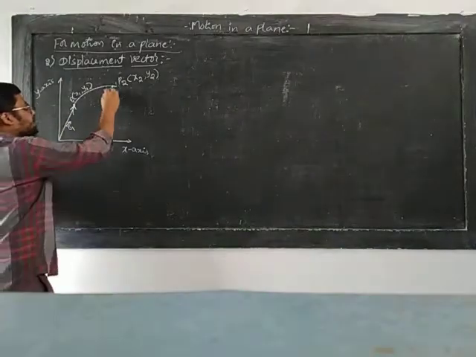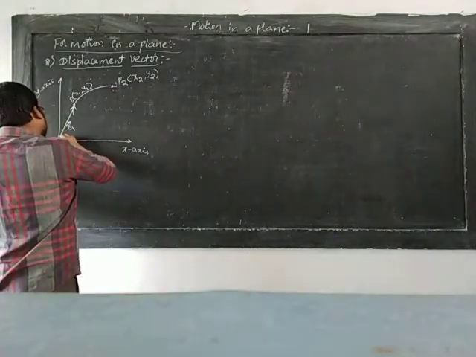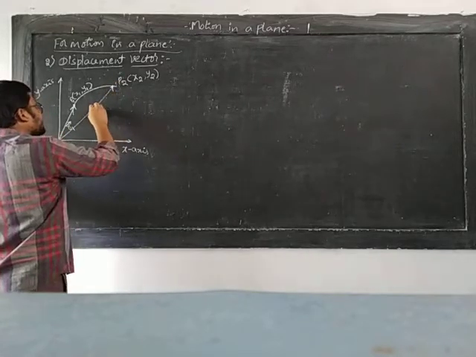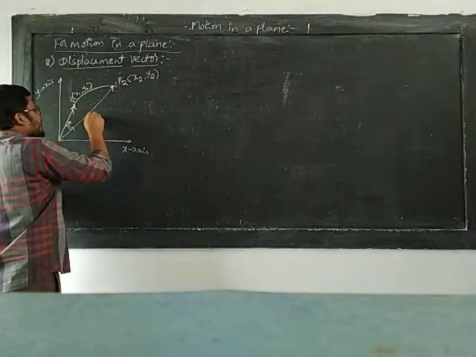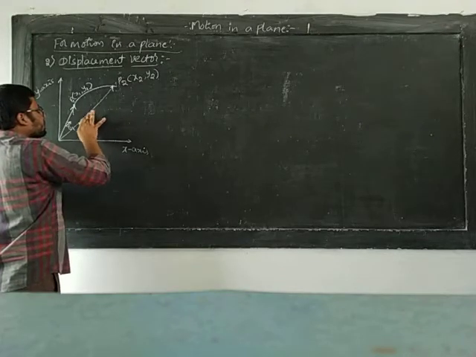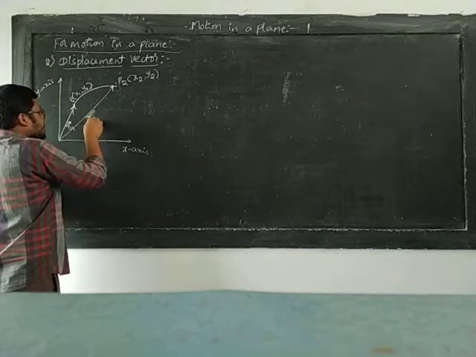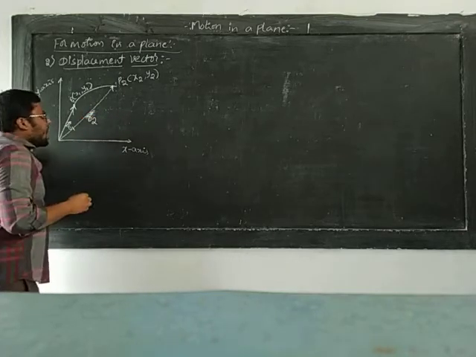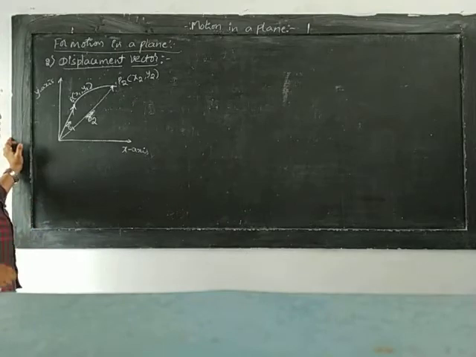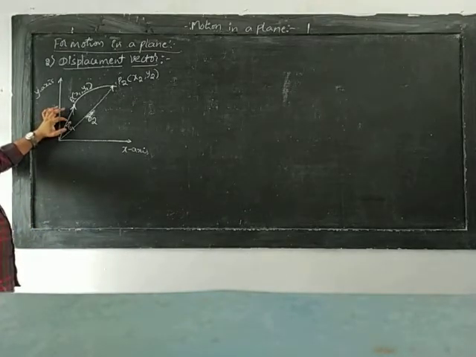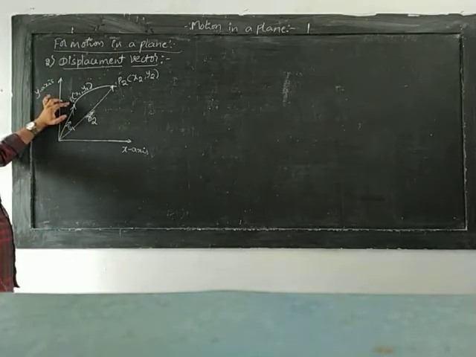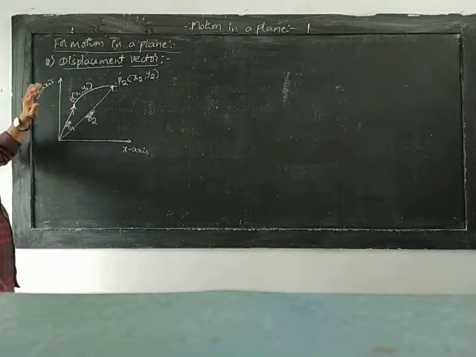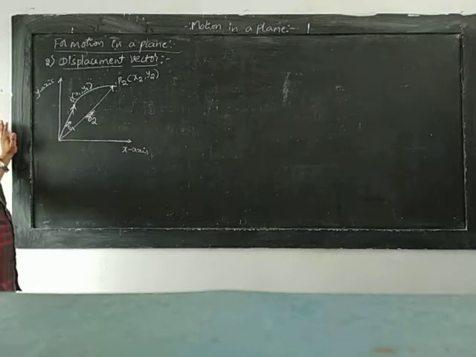And next, the position vector of the particle when it is at position P2, that is vector R2. So R1 is the position vector at P1, and the components of R1 are x1 and y1 along x-axis and y-axis respectively.